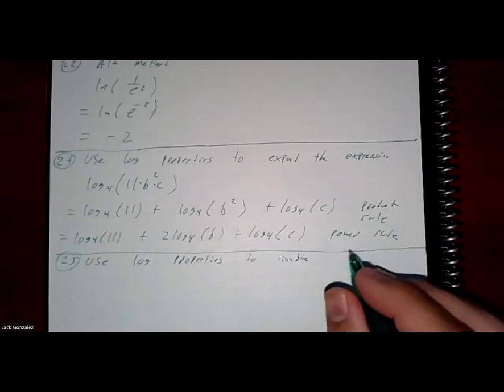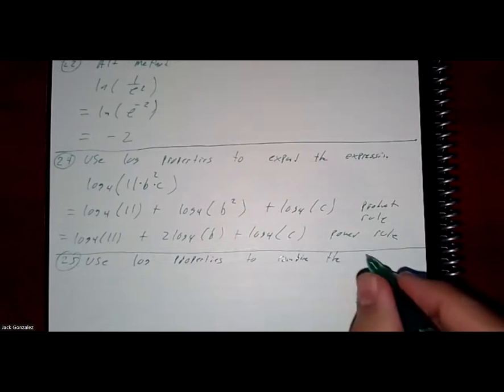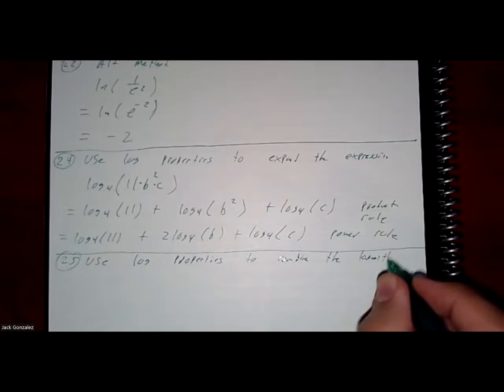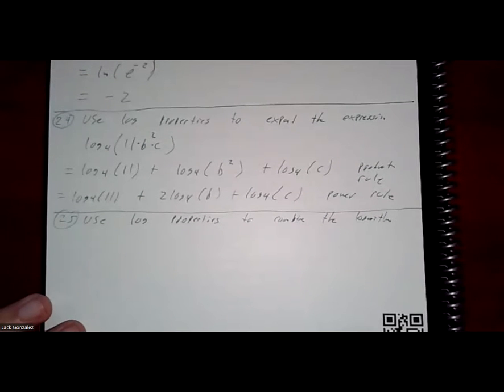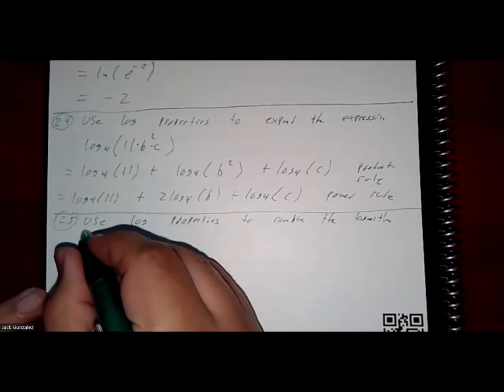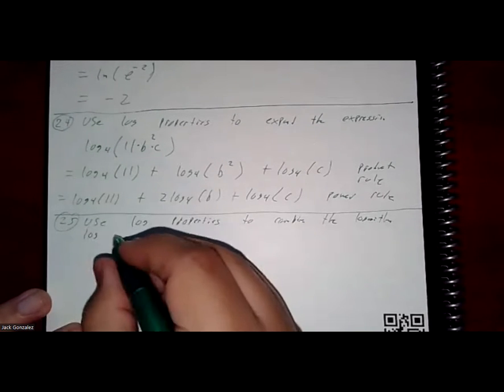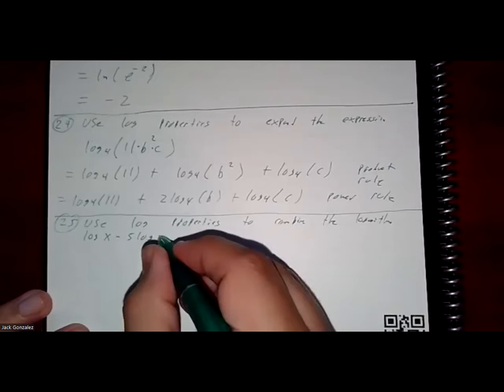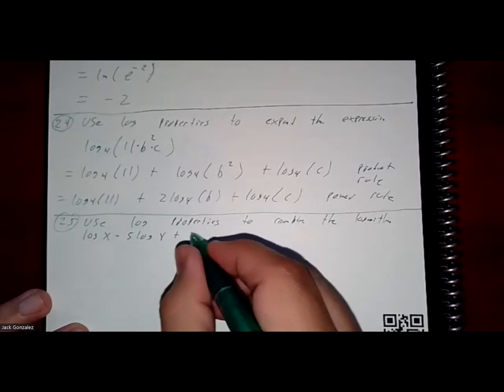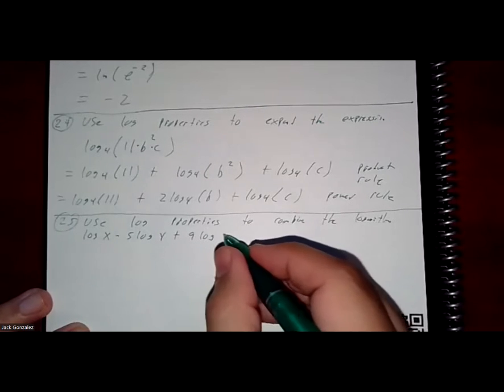The next one uses the log properties to combine the logarithm. So log x minus 5 log y plus 9 log z.